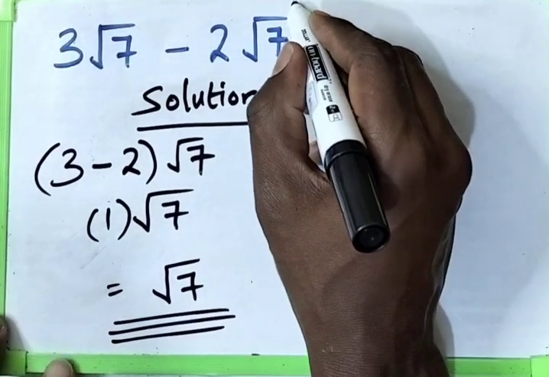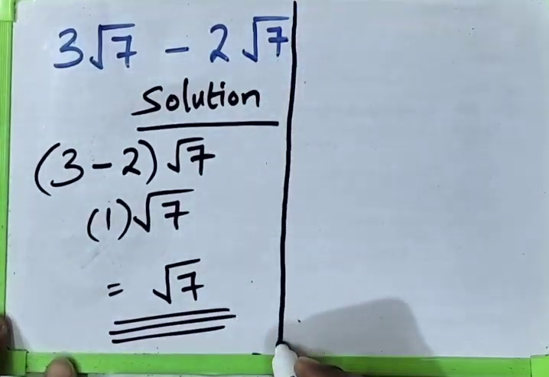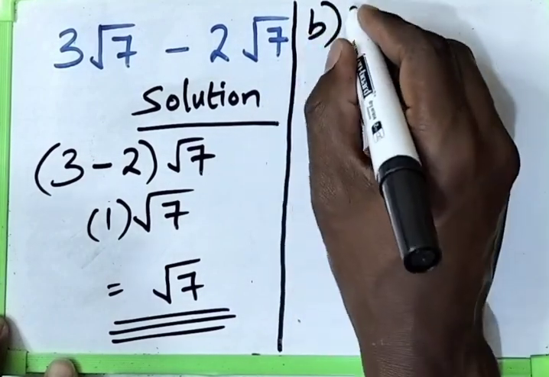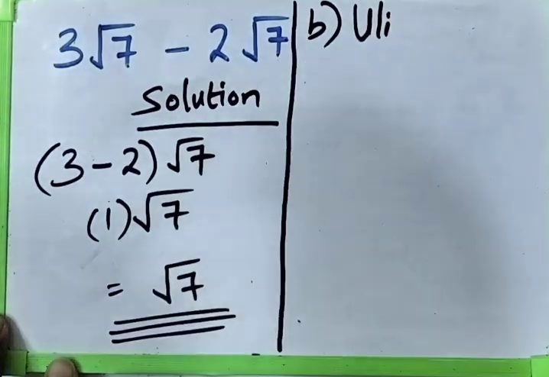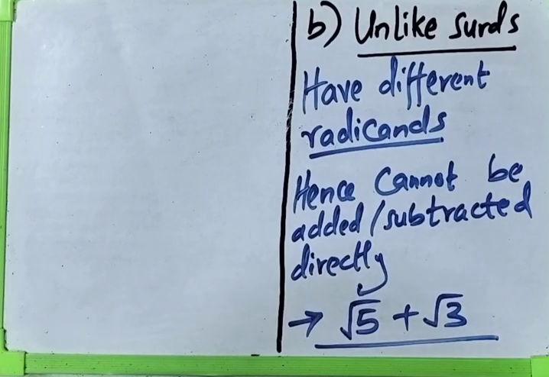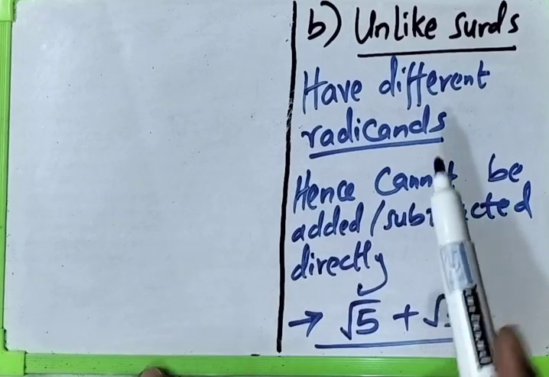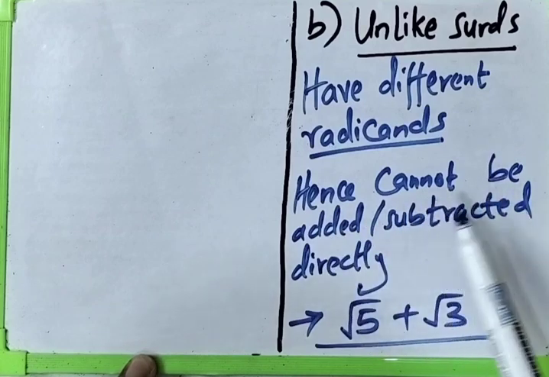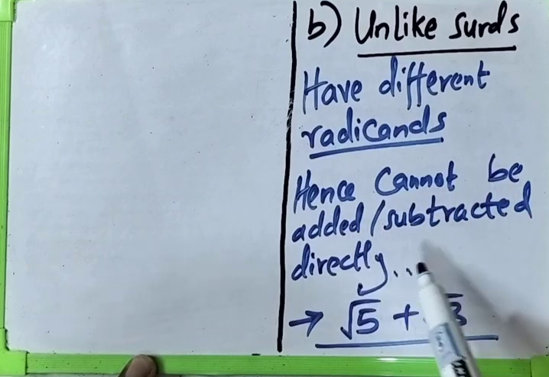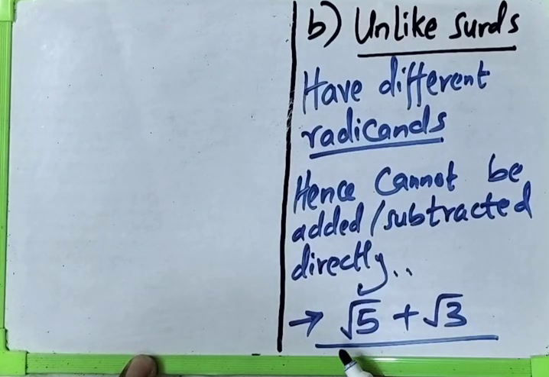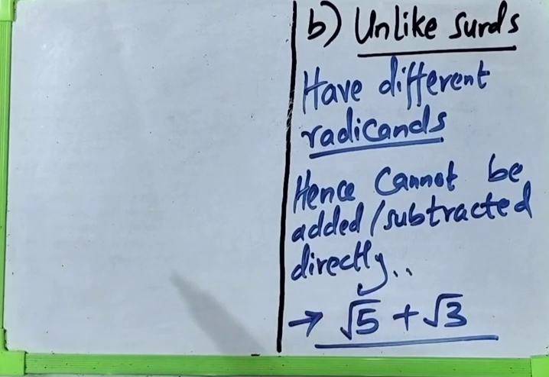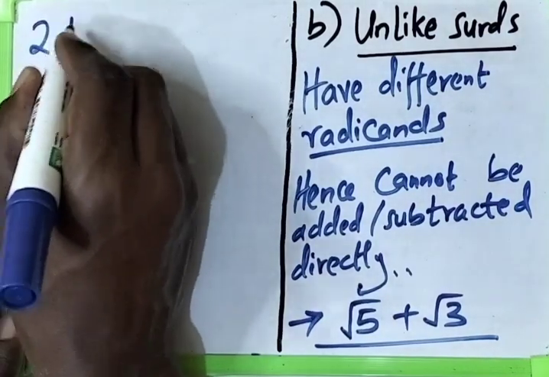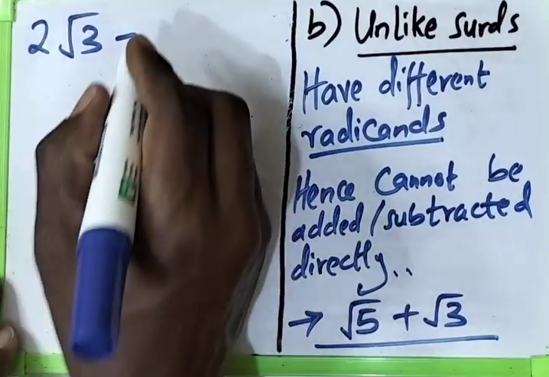The last thing in our video is unlike surds. We said unlike surds have different radicands, or numbers inside the root, hence they cannot be added or subtracted directly. I have given you an example of root 5 plus root 3. The numbers inside the root are different, so we can't add or subtract them. We can have another one, 2 root 3 minus 3 root 2.